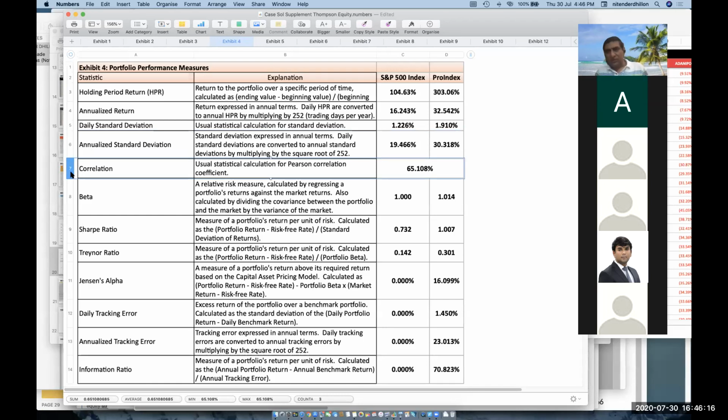Isha, you were stressing 65% very strongly, you were saying 0.65. What does 65% mean here? Yeah, what does 65% mean? That it's going to behave 65% similar to the S&P fund.